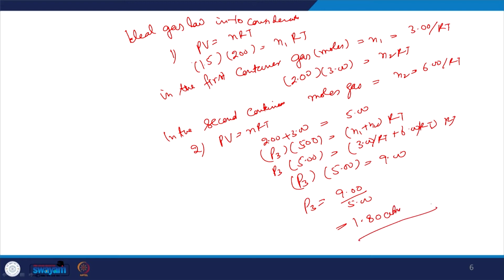Now, you see that we have got 1.8 atmosphere from both the ideal gas law as well as Boyle's law.